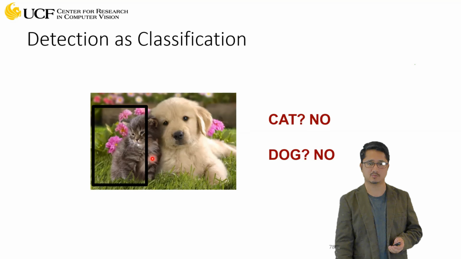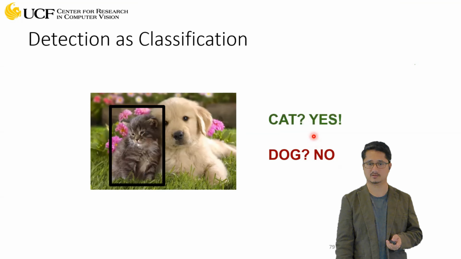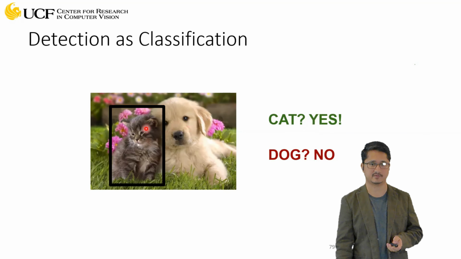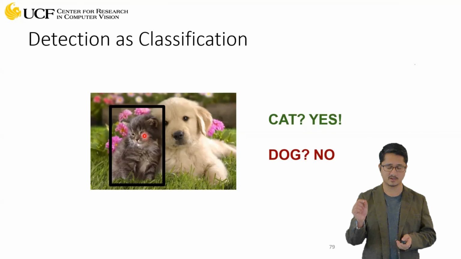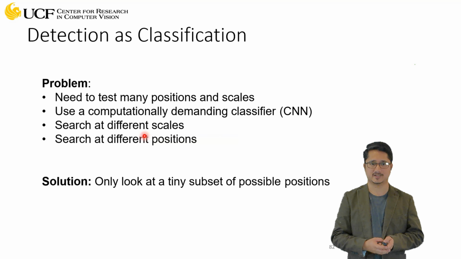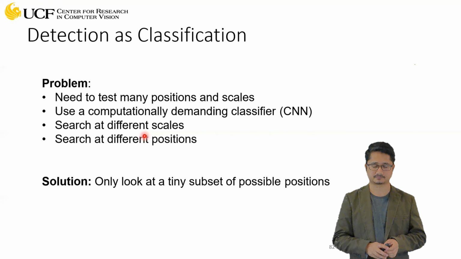In this case, if this is a bounding box, cat is no, dog is no. You slide it, cat is yes, dog is no. So this is a classification problem now, and what we are classifying are the features from this bounding box. This is very much in alignment with the first algorithm we studied for object detection, which was completely sliding window. So that's exactly sliding window.